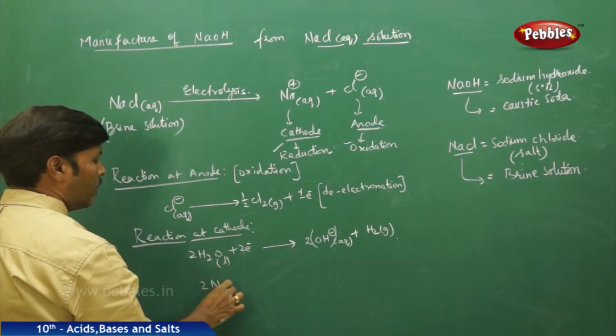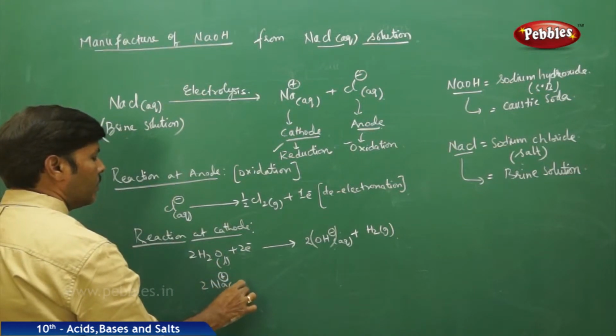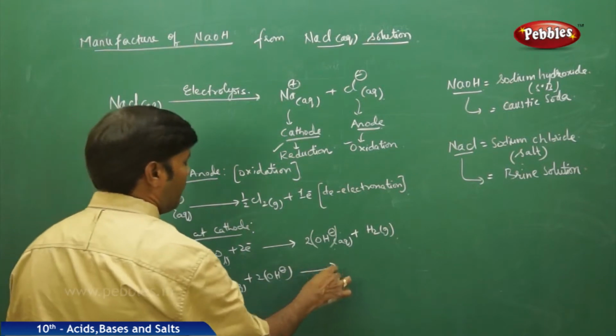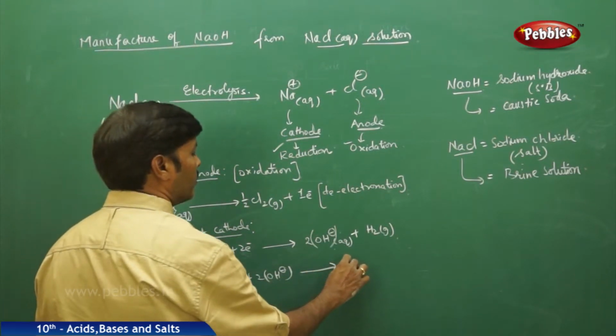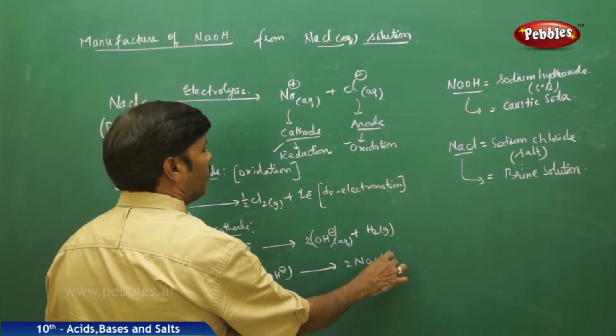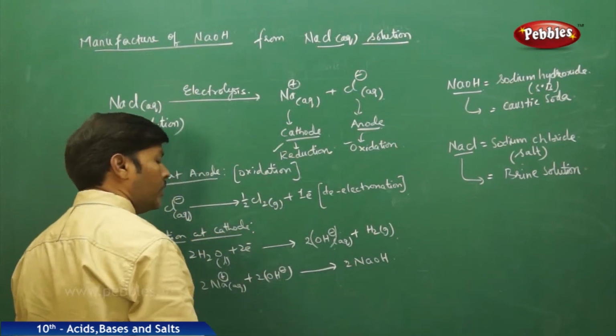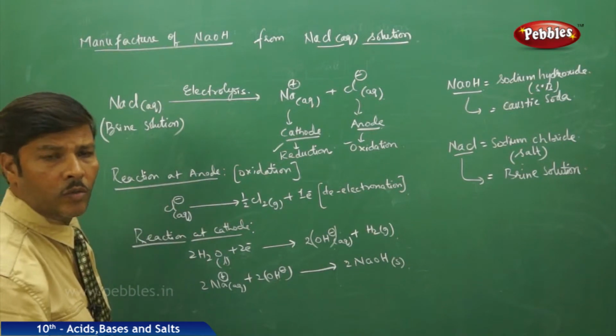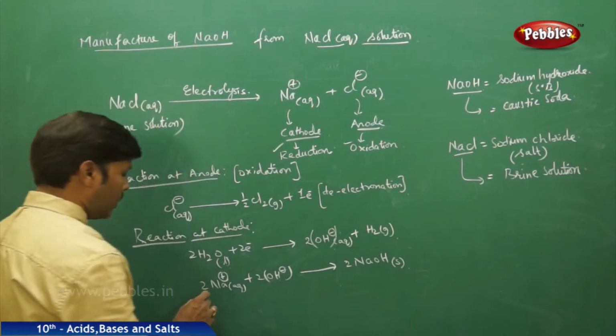So 2 moles of Na+ aqueous plus 2 moles of OH- ion give 2 moles of NaOH, aqueous or solid.